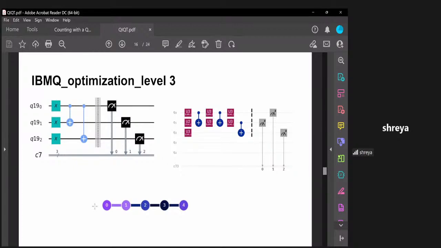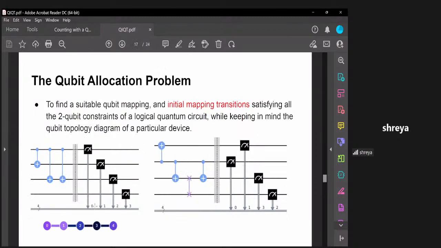What you can do is identify your initial layer of CNOTs, and then assign a mapping from the logical qubits to the physical qubits that is likely to give you a better outcome. So finding this initial mapping is a problem that we define as the qubit mapping problem.